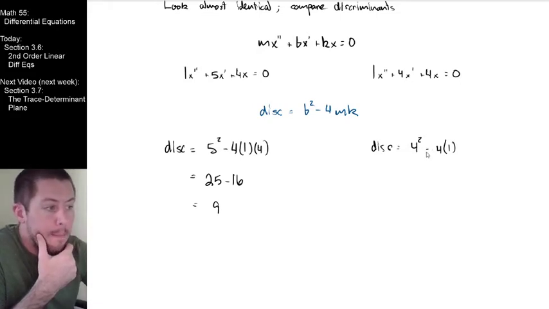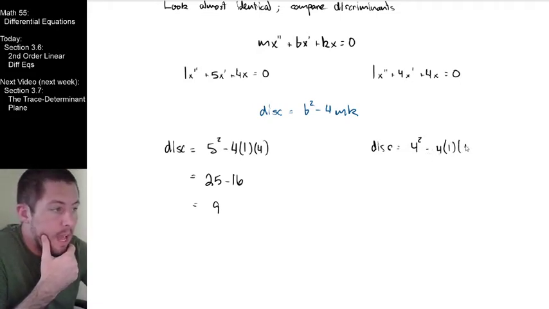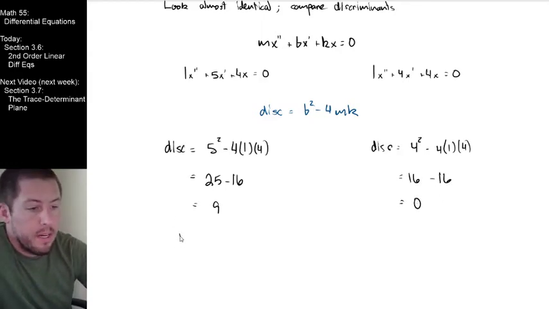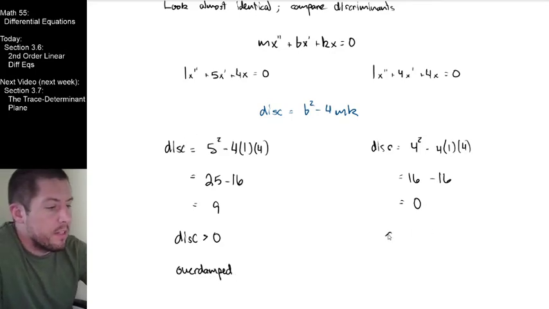B squared minus 4mk, and it looks like this is 16 minus 16, which is 0. So here, discriminant greater than 0 means we are overdamped. Here, discriminant equal to 0 means that we are critically damped.